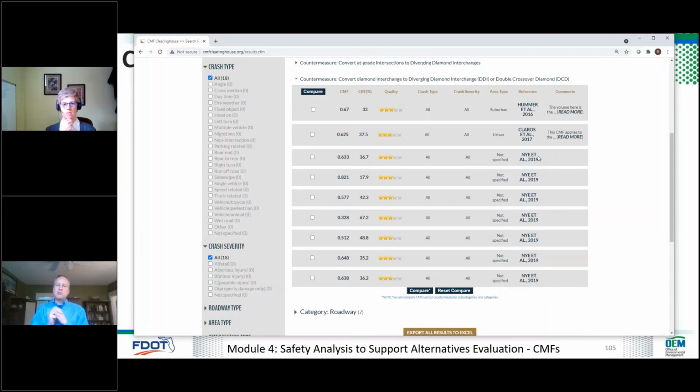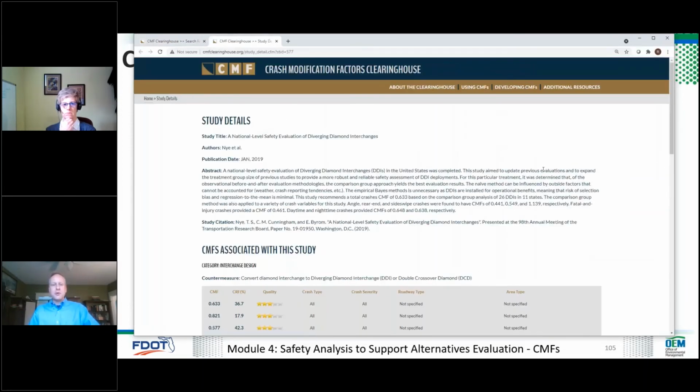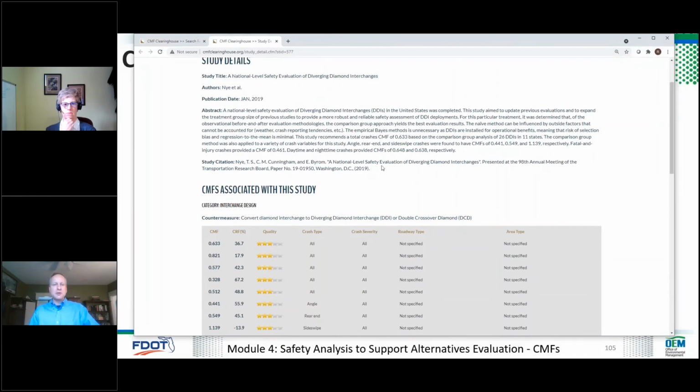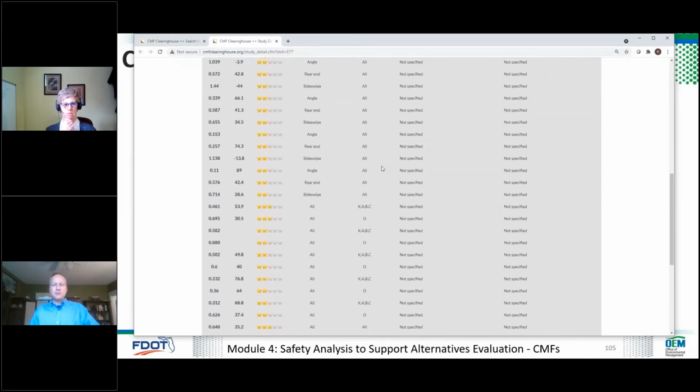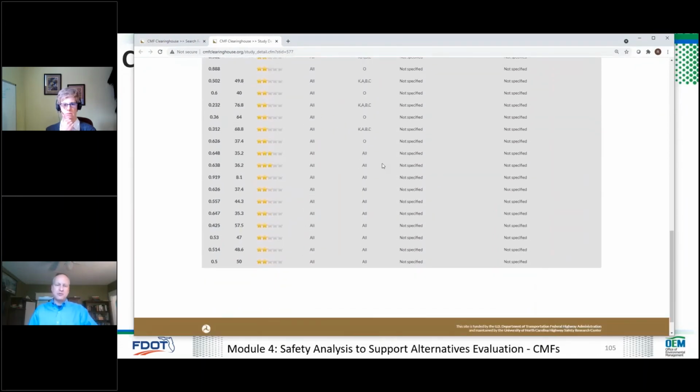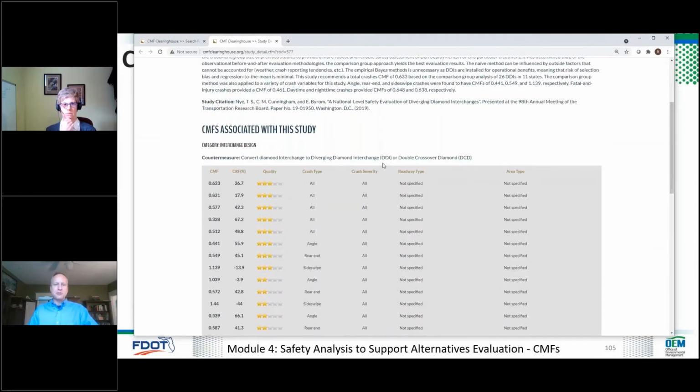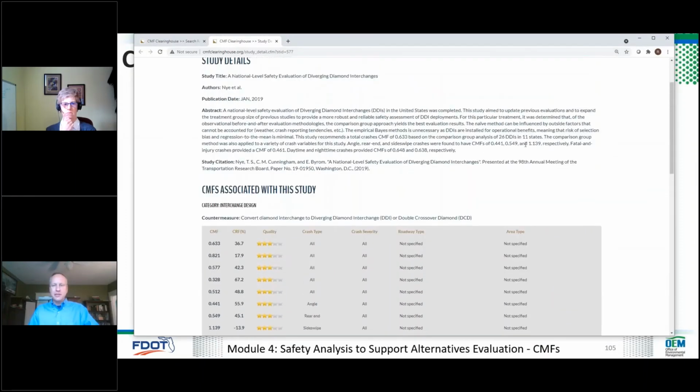If you pull a number off from here without digging in on it, you could pull the 0.328 or the 0.64. The numbers are all over the place. So when I looked at this, I actually went and pulled this piece of research and found out that, in fact, there were many states.